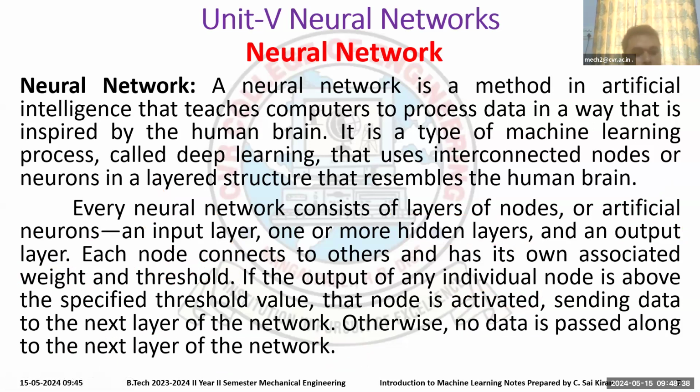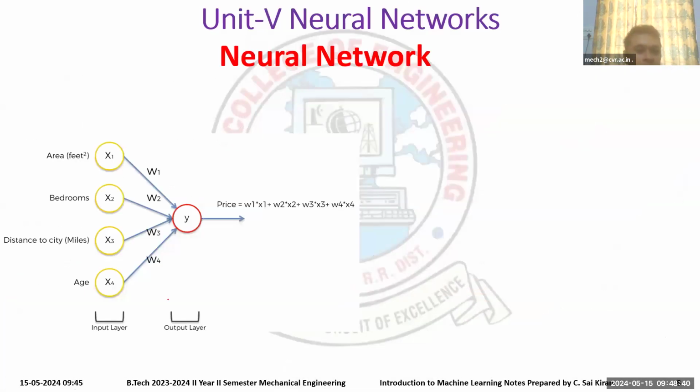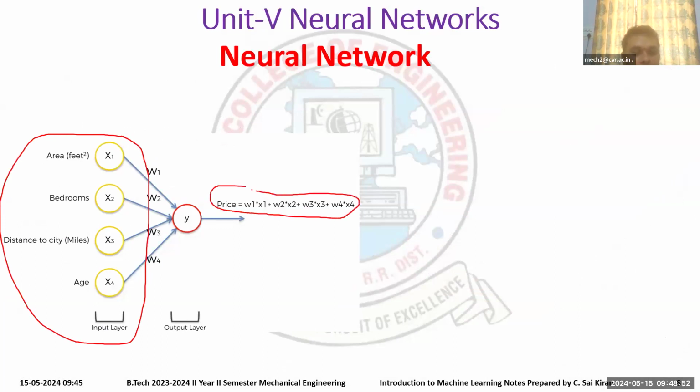Next slide. This is an example. If you want to sell your house or any property, these are the inputs, and the output is nothing but the price. If you want to fix a genuine price, for each and every input you will assign some weight. Bedrooms: if the number of bedrooms is more, how much weightage will you assign? The age, nothing but how many years ago your house was constructed, all those things.